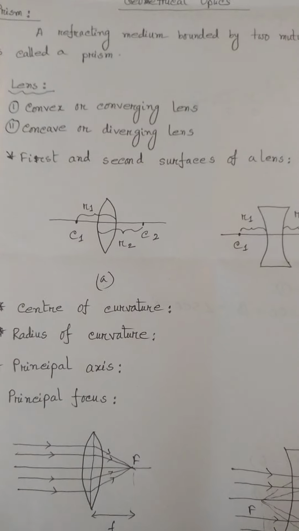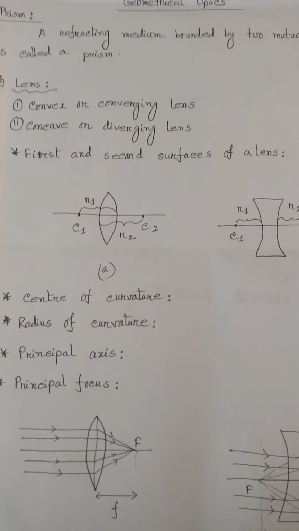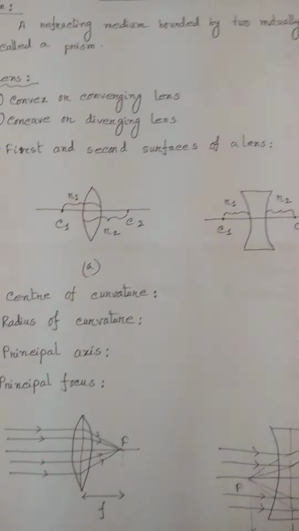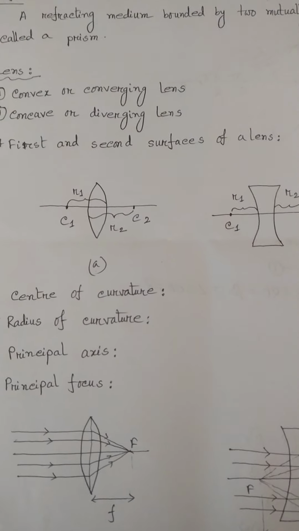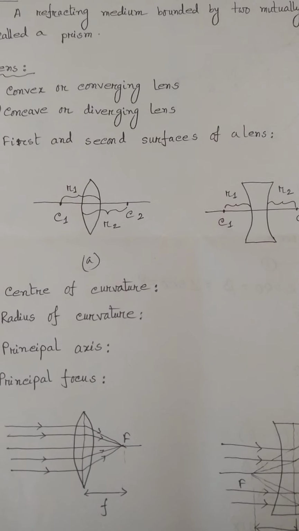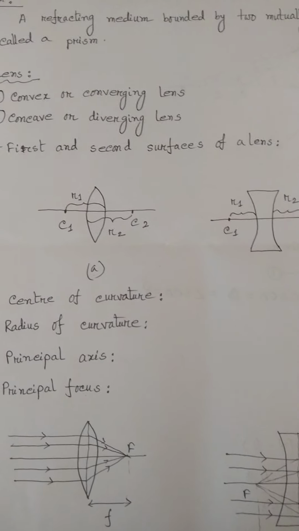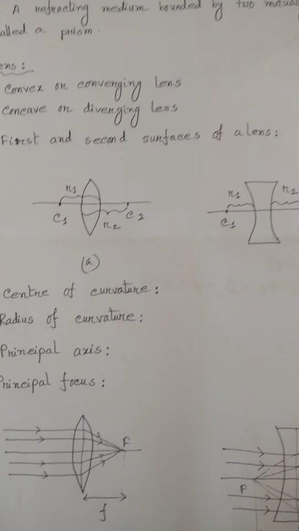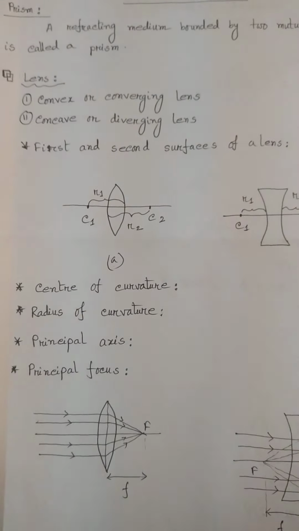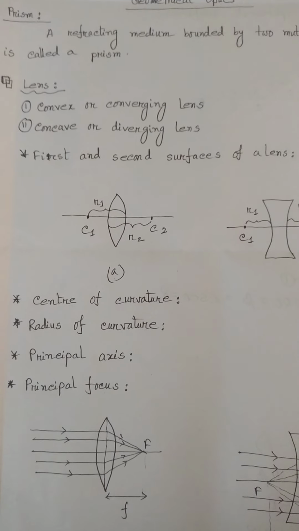The second surface of the lens is the surface through which the ray of light emerges out of the lens. So what is the first surface? The surface through which the ray of light enters a lens.